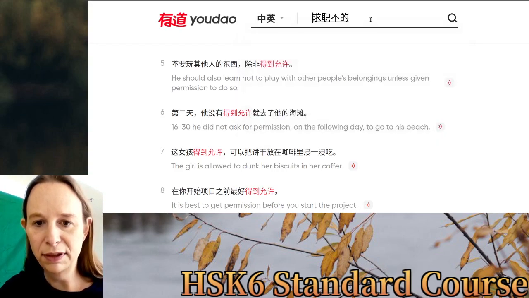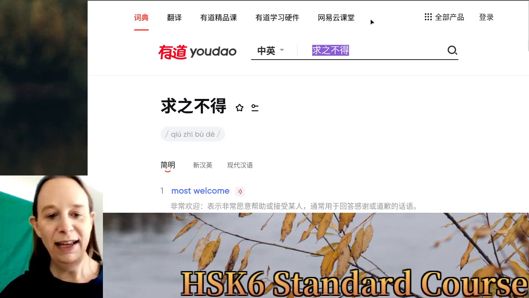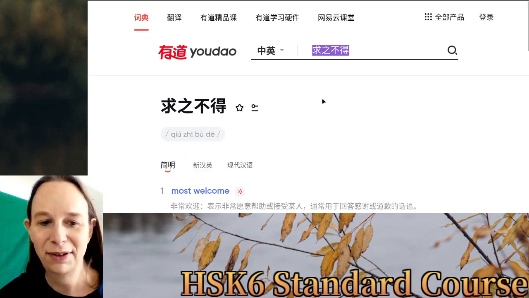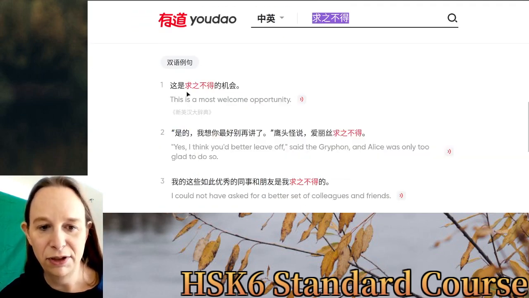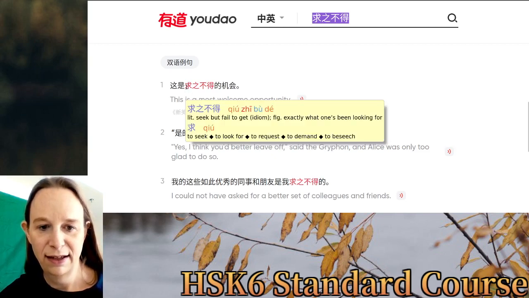All right, so it's not in my... So speaking of 不得, 不得 also has a meaning. Well, remind me to look at that if I forget. 就是求之不得的事，的机会。Seek but fail to get.